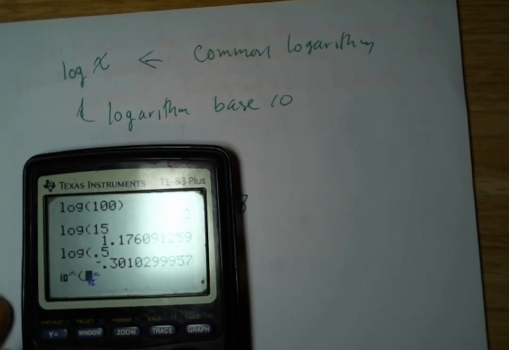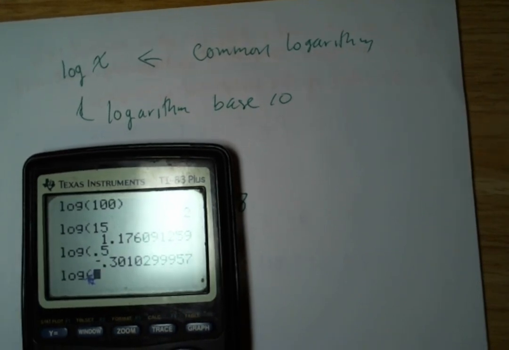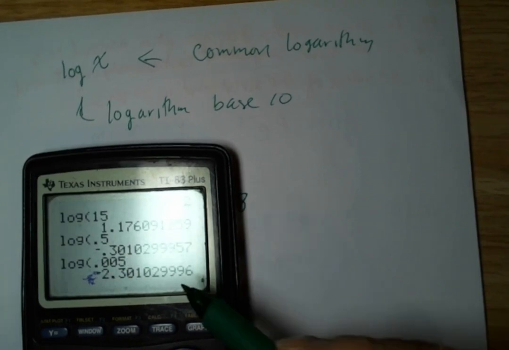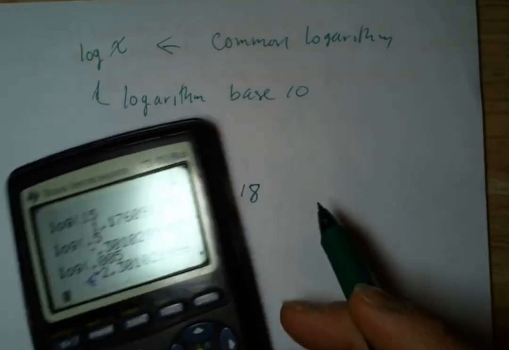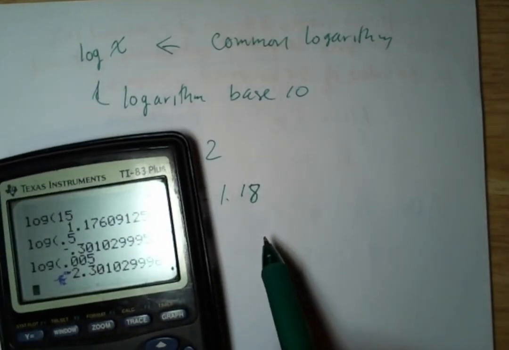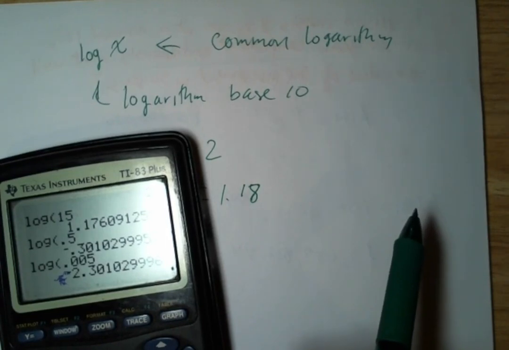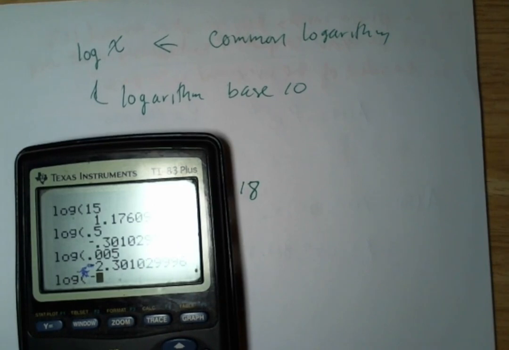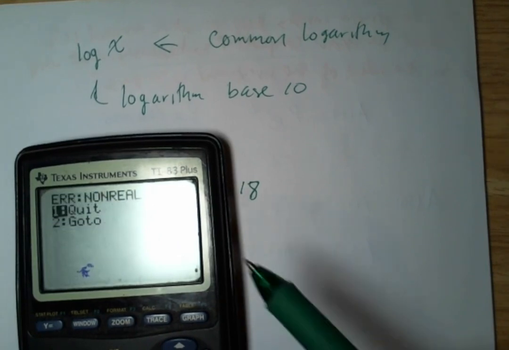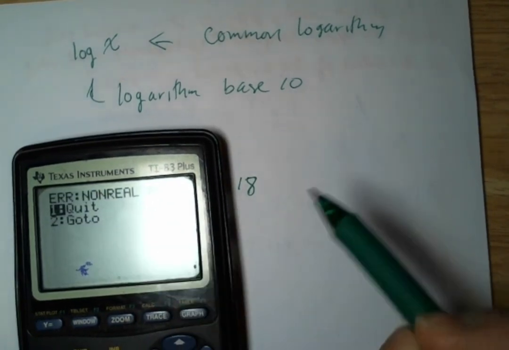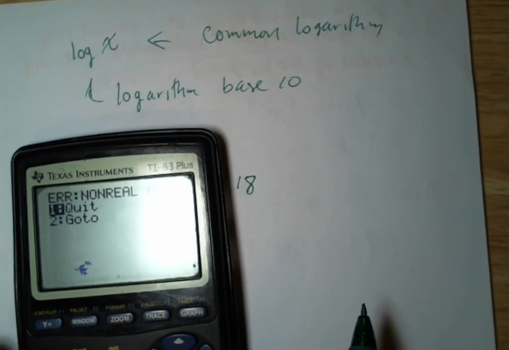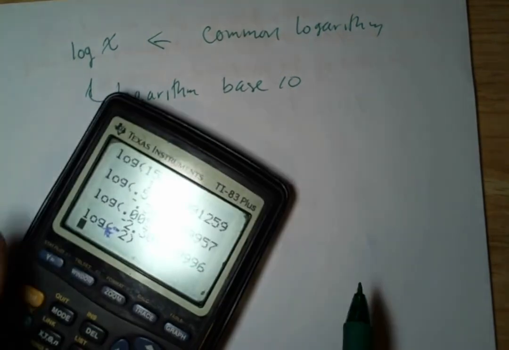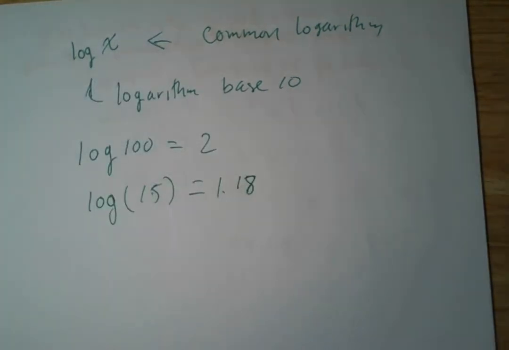So we can get log 0.005, and you see how that gets a more negative value. Now, the output can be negative, but as you recall, the input cannot be negative. If you do try to evaluate the log of a negative number, you will get an error, because it's out of the domain.